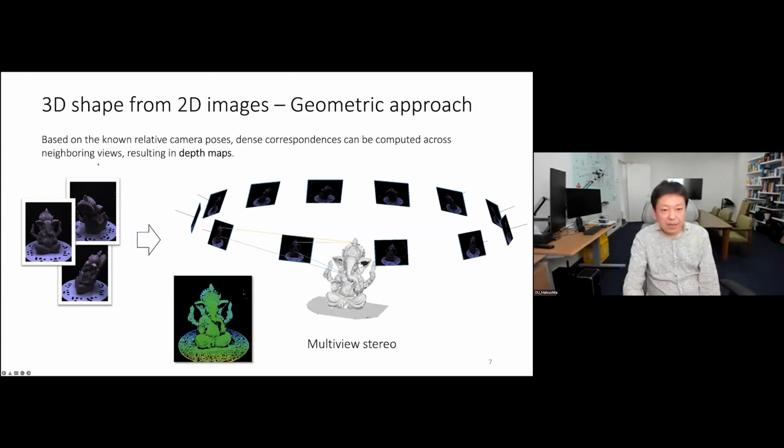So from the known relative camera poses, dense correspondences can be computed across neighboring views because we already know which photographs are the neighbors. And this computation block is called Multiview Stereo.